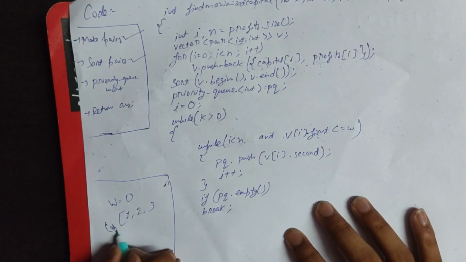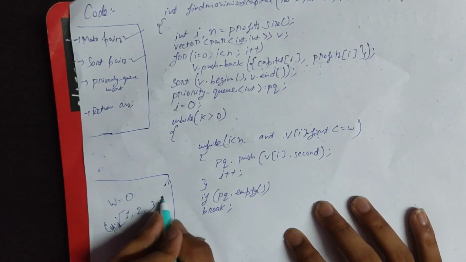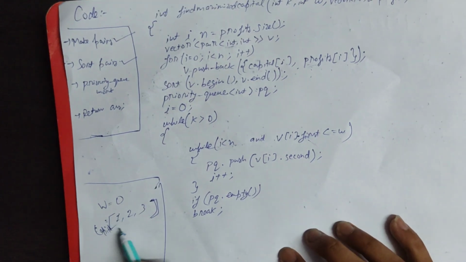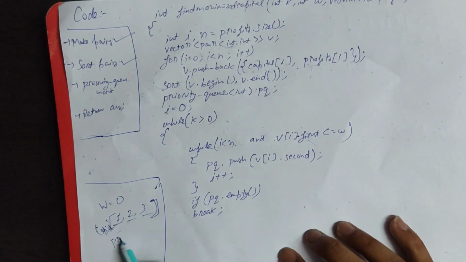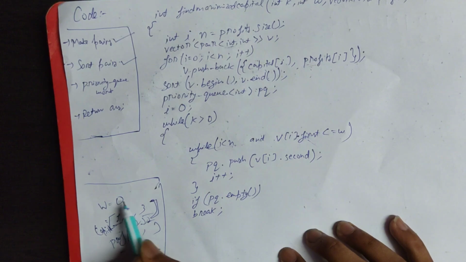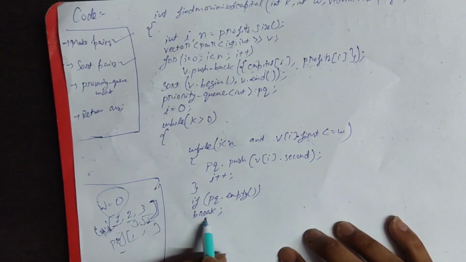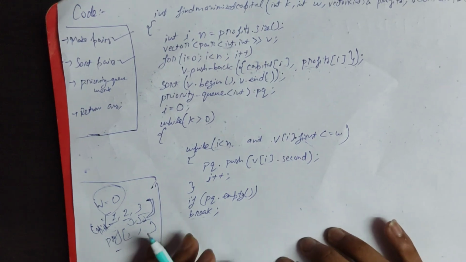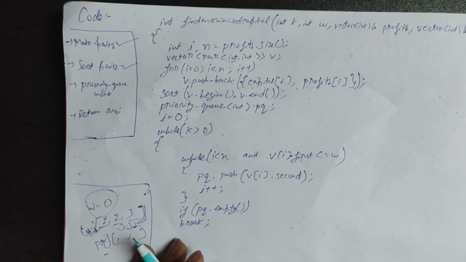For this instance we can't take any of these values because our initial w is less than the capital, so we can't take any of the corresponding profits. We will just return w. That's why we are breaking from this while loop, and we will return whatever the value of w is at that instance.